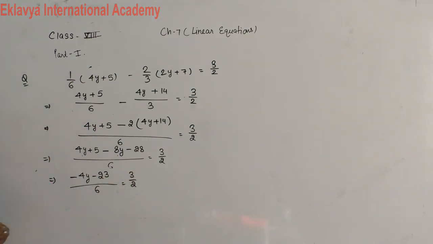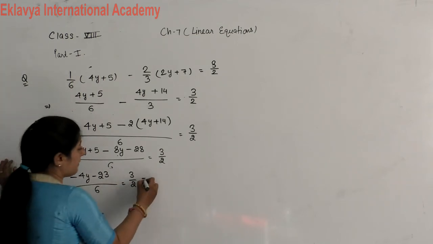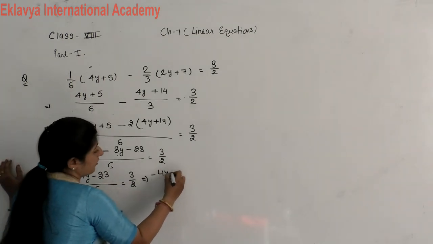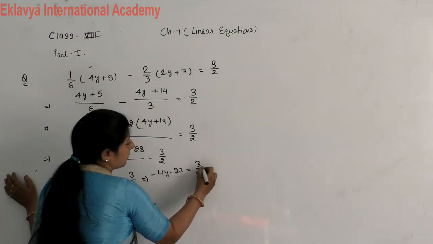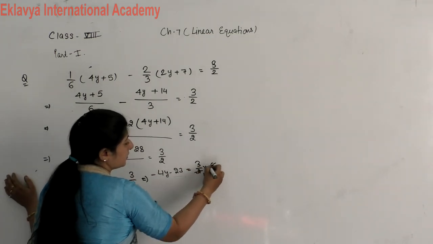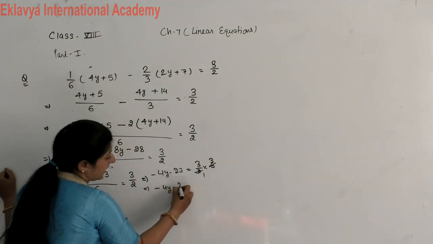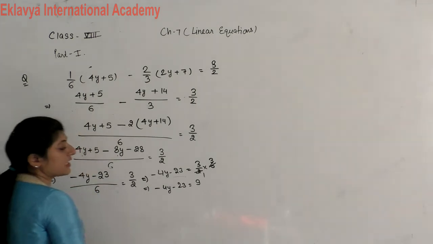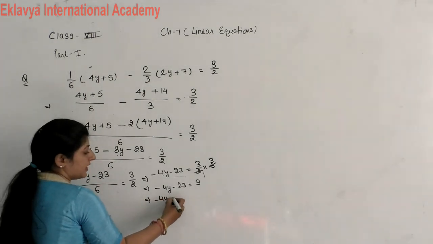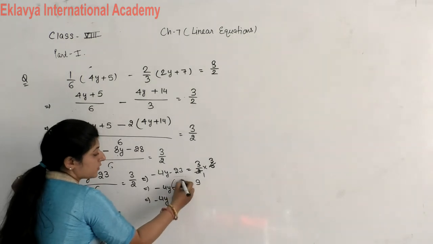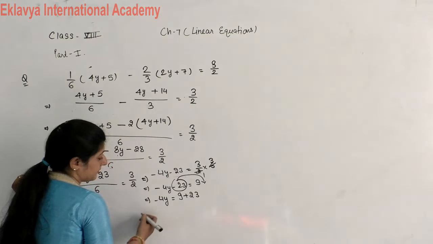3 by 2. Now this 6 is in division, it means here we will take it in multiplication. Minus 4y minus 23 is equal to 3 by 2 multiplied by 6. 2 ones are 2, 2 3s are 6. Minus 4y minus 23 is equal to 3 3s are 9. Minus 4y is equal to 9, this minus 23 we will transpose, then it becomes 9 plus 23.